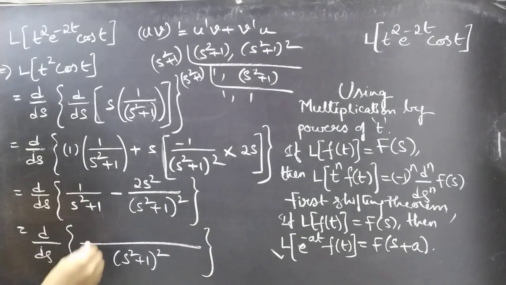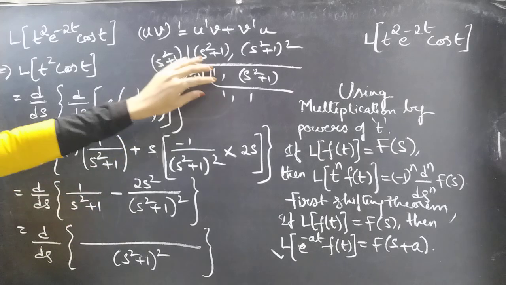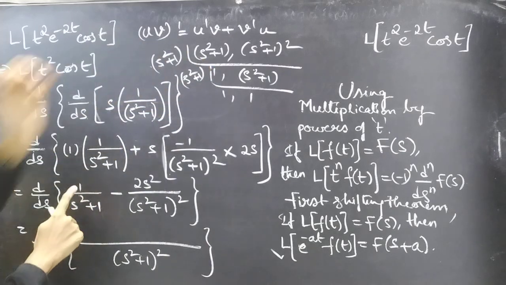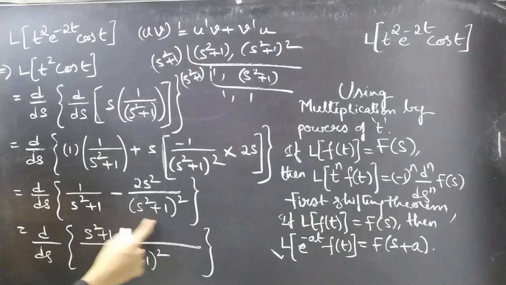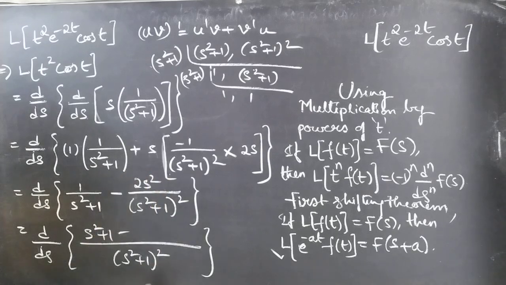Then in the denominator of the first term you have s square plus 1, so multiply this s square plus 1 to the numerator 1. You will get s square plus 1 minus, in the denominator of the second term you already have s square plus 1 whole square, so we just write this numerator as it is, without multiplying anything to it, right?